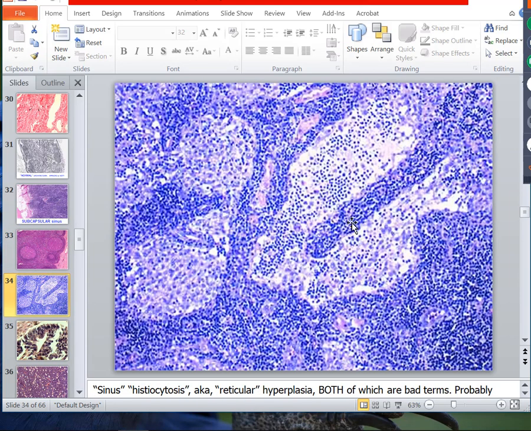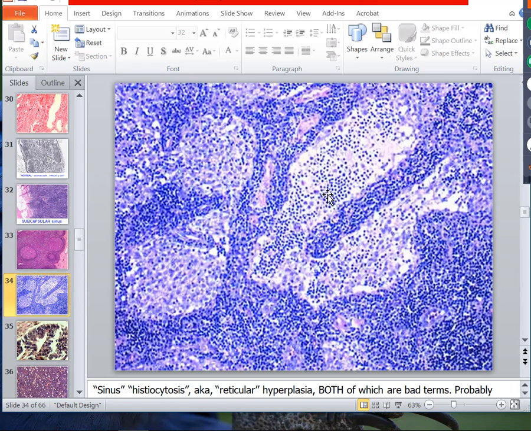Here's another lymph node. Remember, we said follicles in the cortex, sinuses in the medulla, and you can see that these sinuses now look a little prominent. So you say, well, this is a prominent sinus. If you still have the follicles in the cortex and the sinuses are prominent, that's probably going to be another type of benign reactive situation.